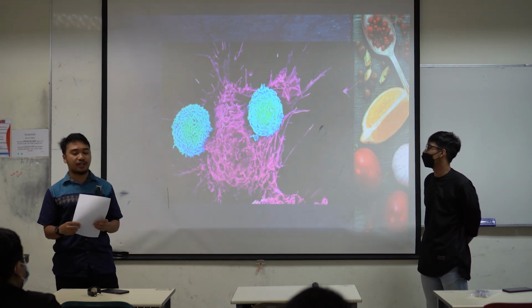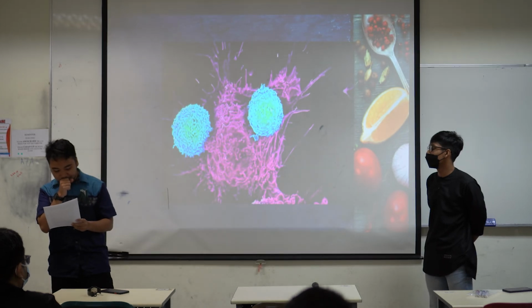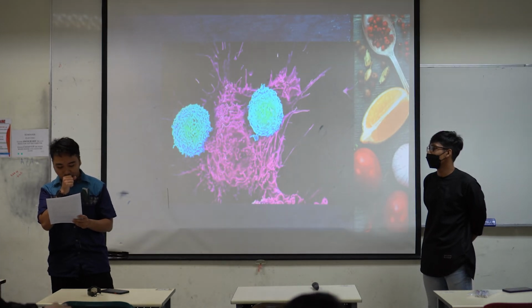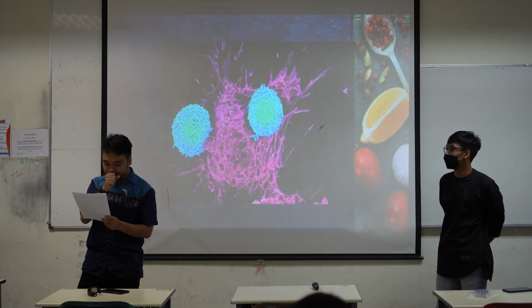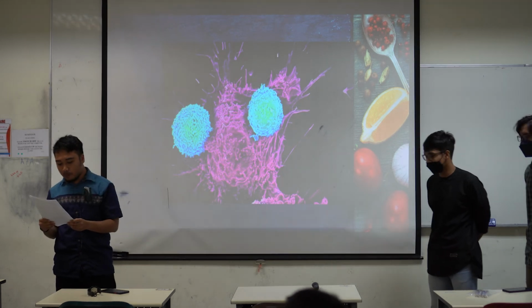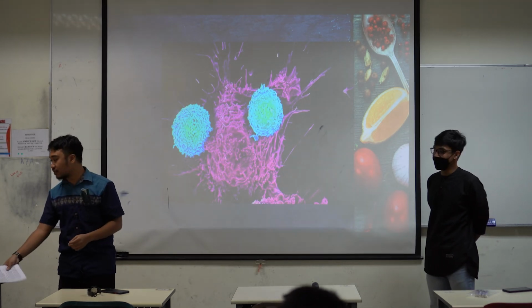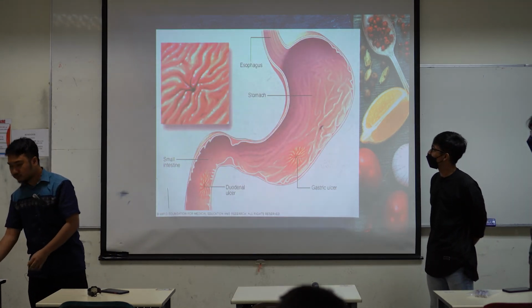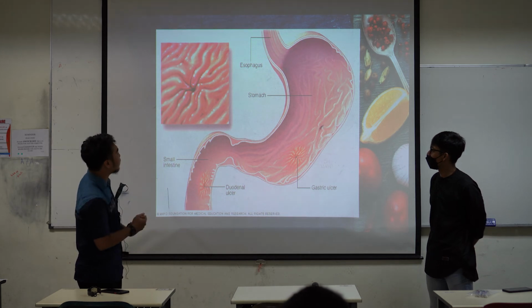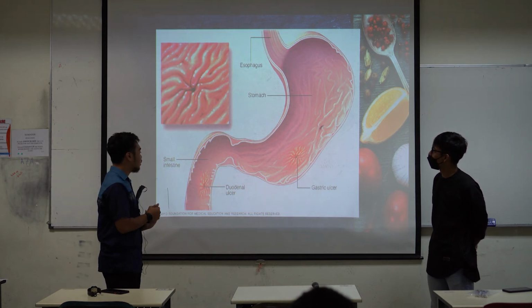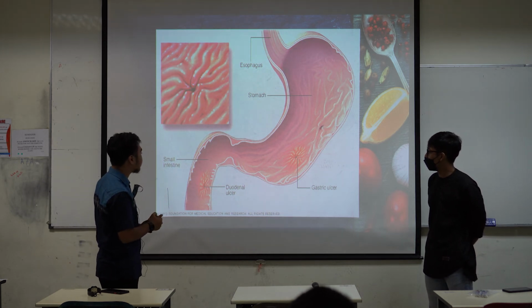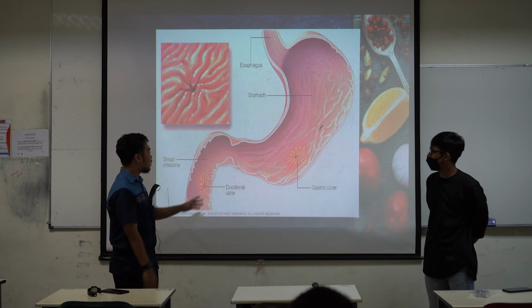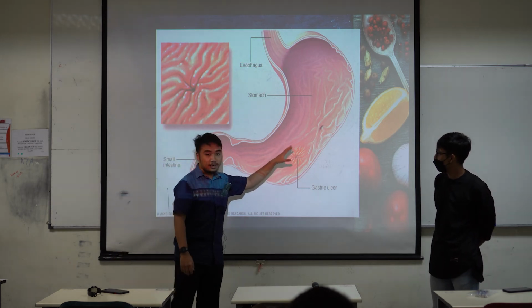Take for example gastric cancer. They postulated that gastric cancer comes from H. pylori. This bacteria causes gastric ulcer.